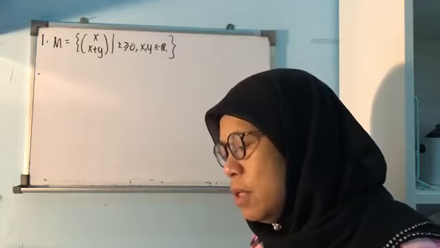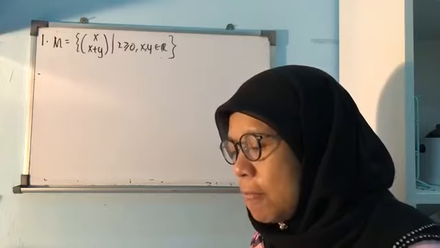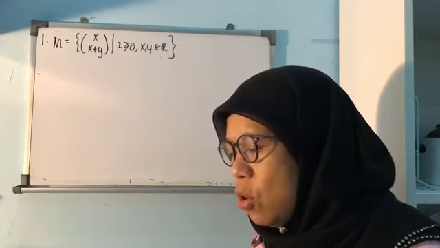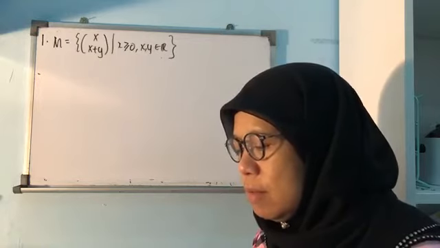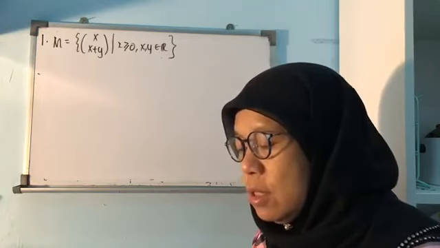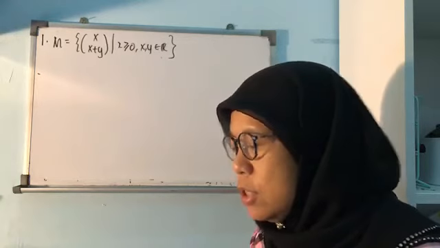Usual operation meaning addition and multiplication by scalar. Determine whether M is closed with respect to addition and scalar multiplication. That's the first question. Determine whether M is closed under addition.